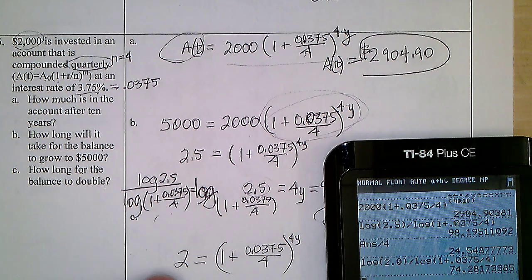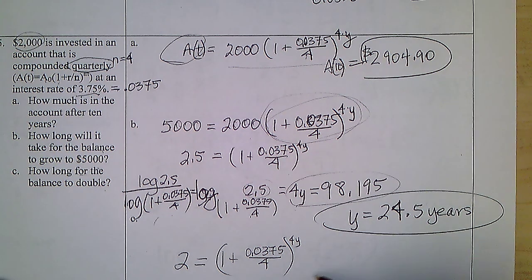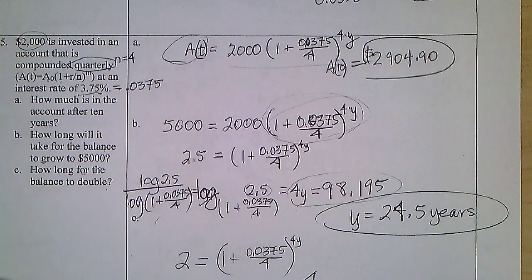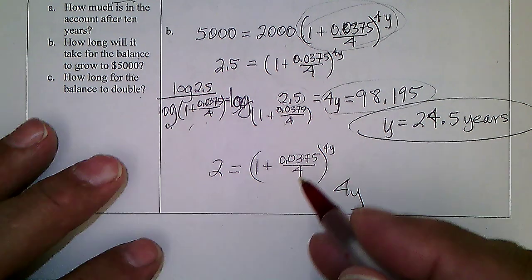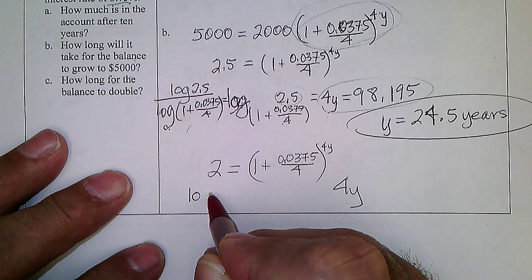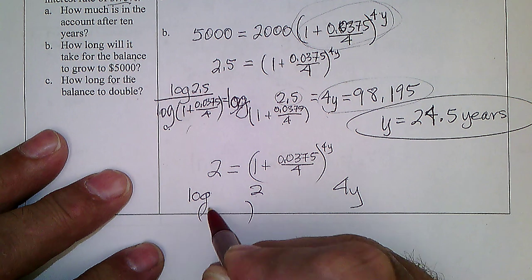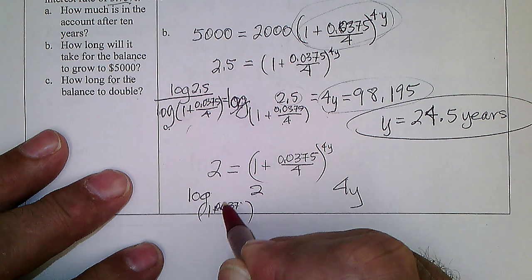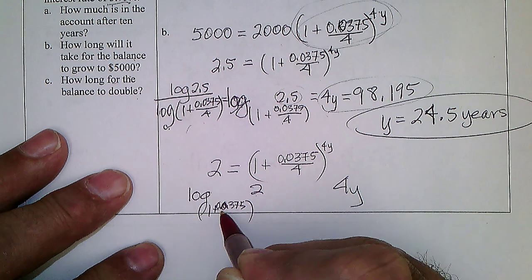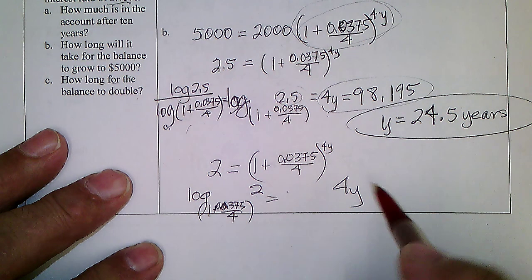And that is 4y. That's what the 4y will equal. So 4y, let's write this out. So this would be a log of 2 base 1 plus 0.0375 over 4 equals 4y.